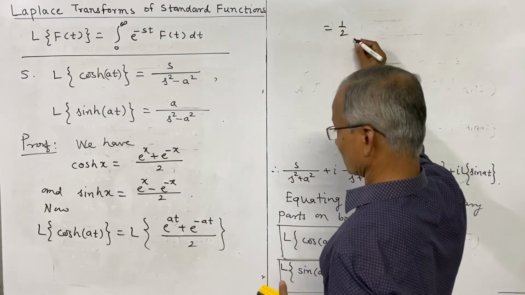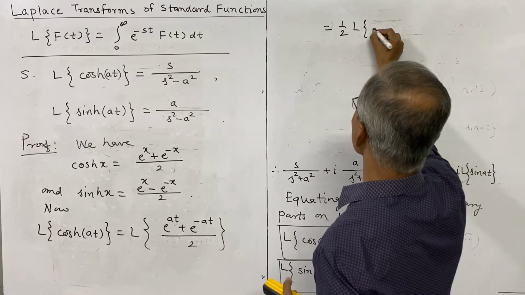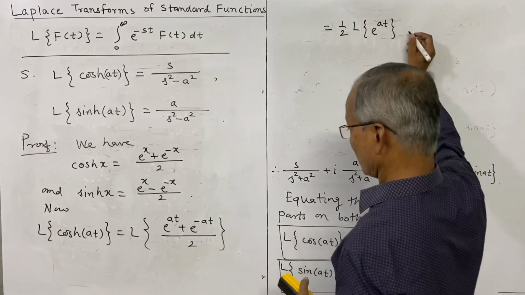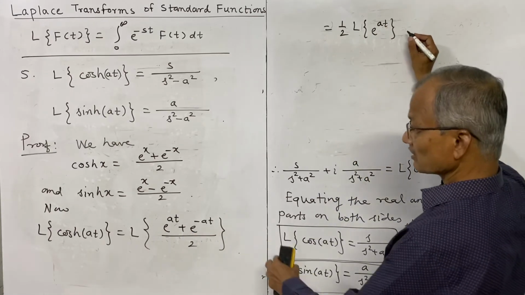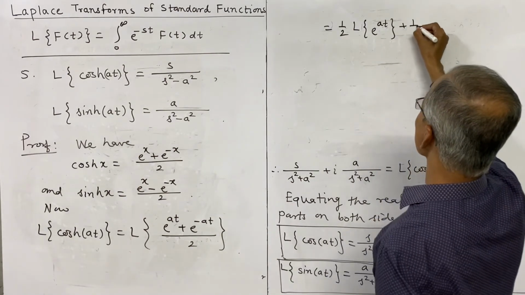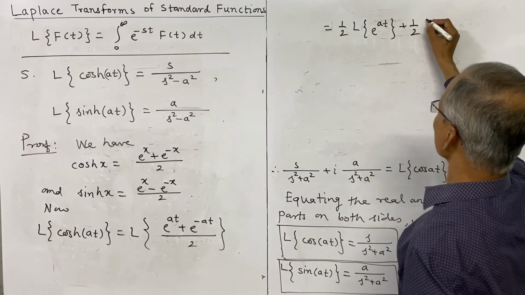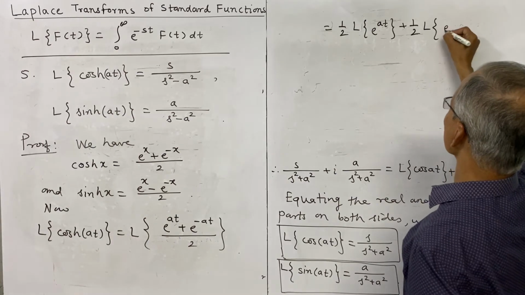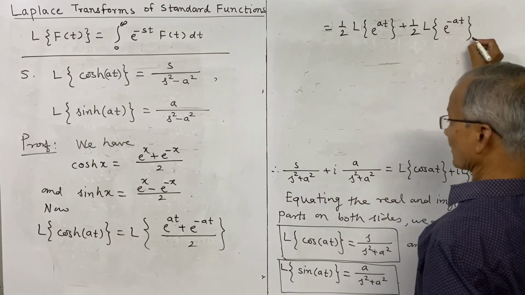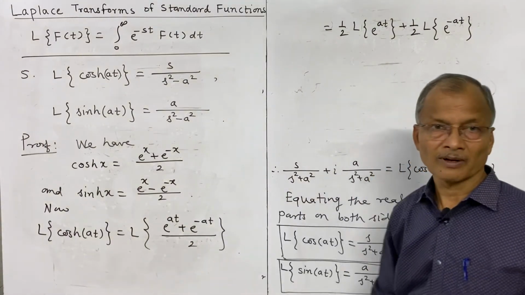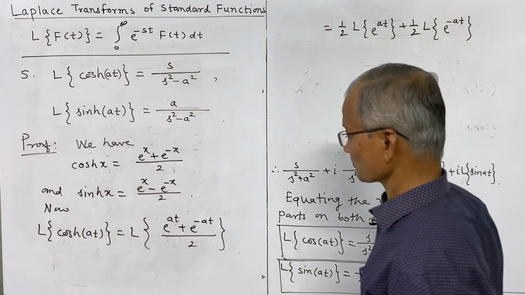Half is the constant, L of e power at, plus half. Half can also be taken as common, L of e power minus at, separating the functions' Laplace transforms.